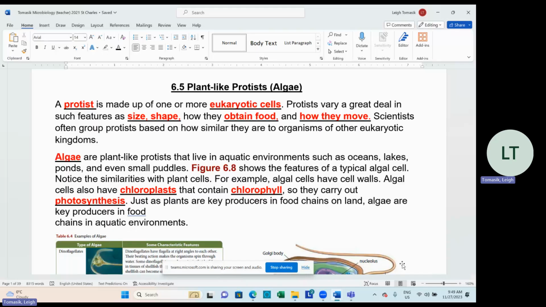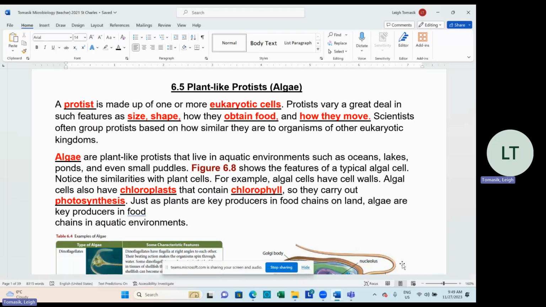Scientists often group protists based on how similar they are to organisms of other eukaryotic kingdoms. So we have plant-like protists who can do photosynthesis and are like plants in that way. But the difference is protists are usually one-celled and plants are many-celled. They're multicellular.